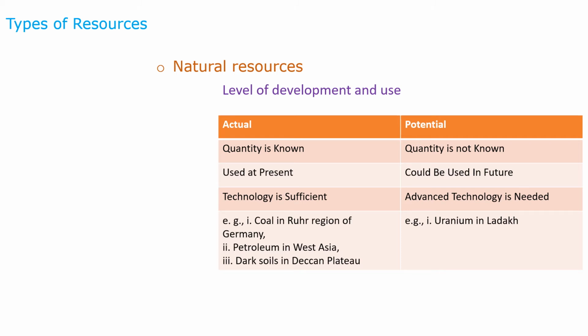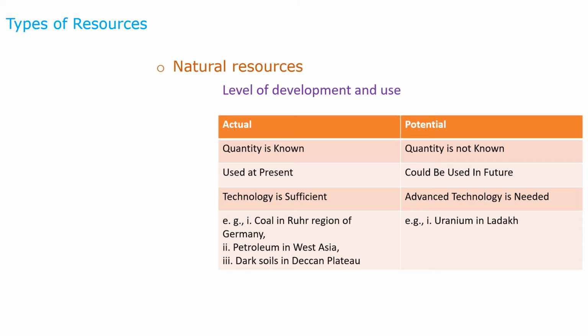How was this possible? Now the technology has advanced. In the same way, wind energy is now converted into electricity; windmills are used to generate it. And flowing water, by constructing dams, is used to produce hydroelectricity. So with these examples, if there is a possibility, the potential resource can also be converted into an actual resource.